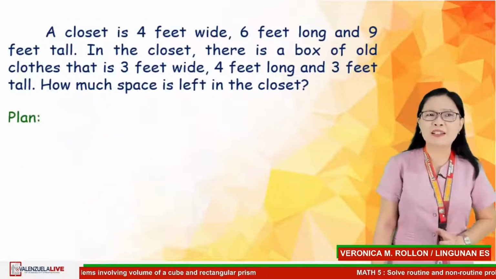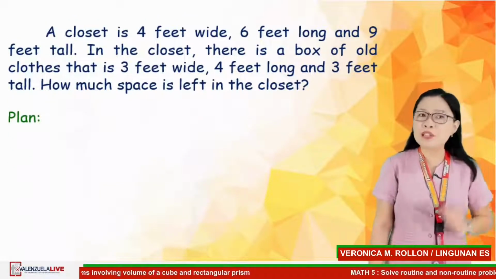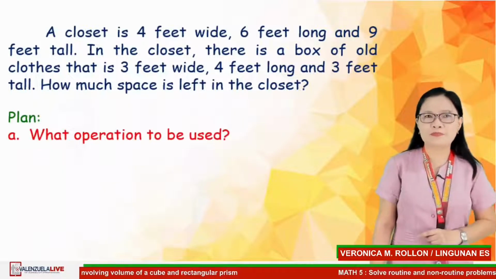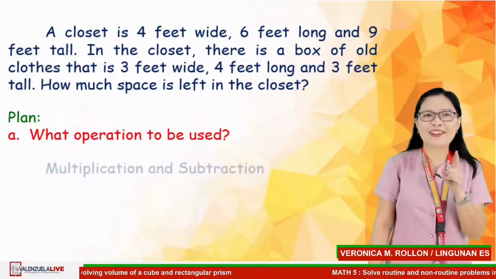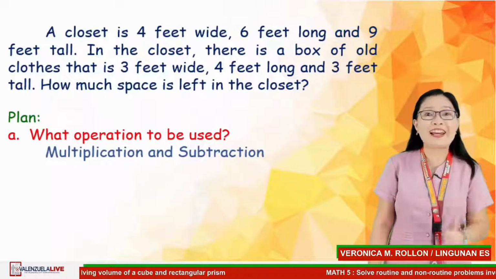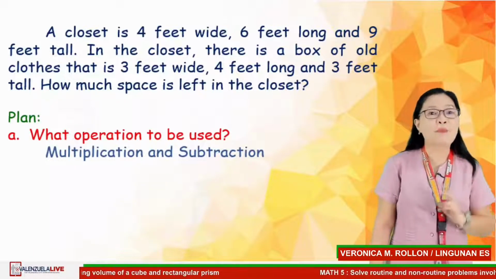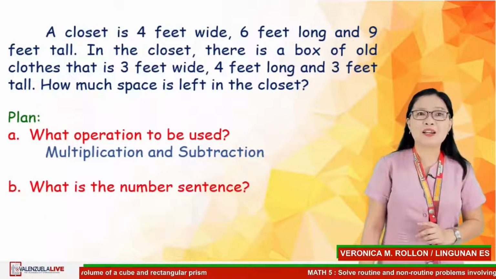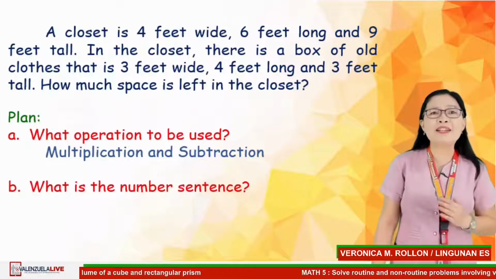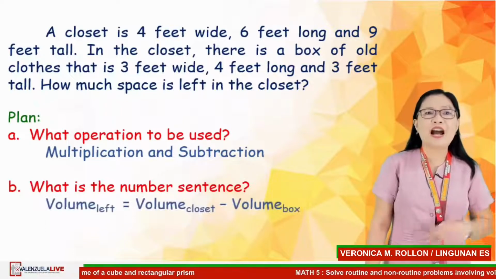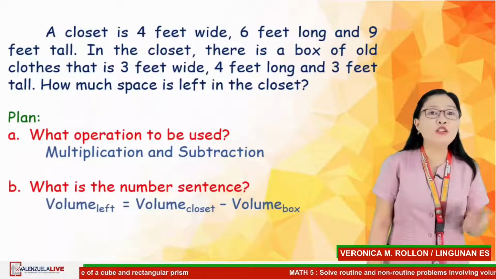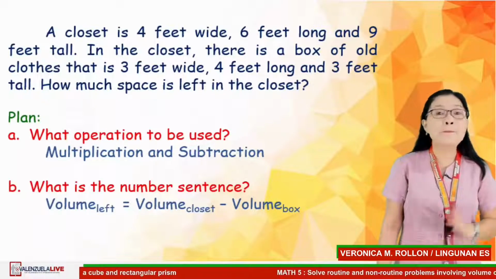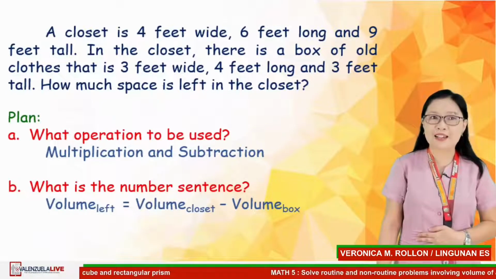Now let's plan. What are we going to do to solve this problem? What operation to be used? Correct. It's a multiplication and subtraction. So we have 2 operations. What is the number sentence? Since we're going to solve the space left in the closet, we have the volume left equals volume of the closet minus volume of the box.